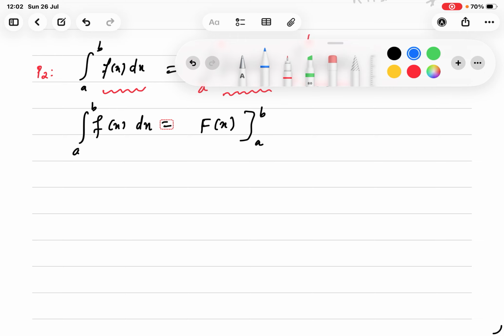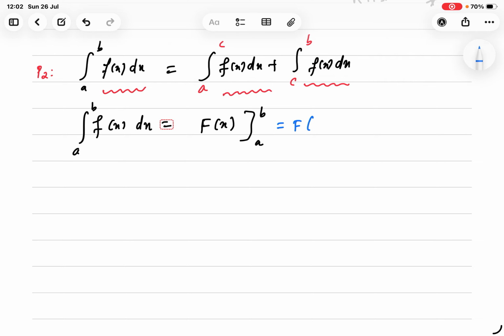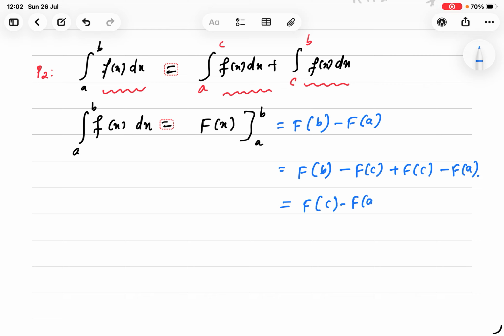Substituting, you get f of b minus f of a. With the middle number, you can write f of b minus f of c plus f of c minus f of a. Now rearranging, that is f of c minus f of a plus f of b minus f of c.